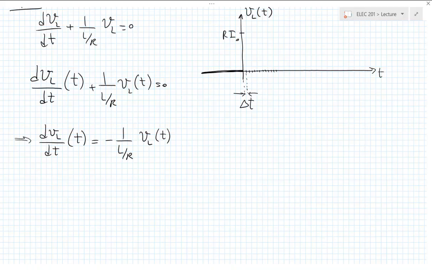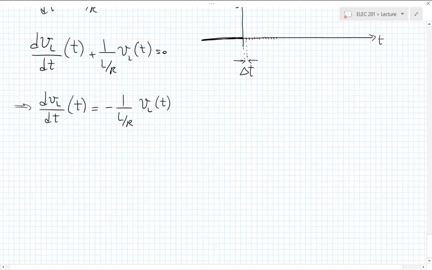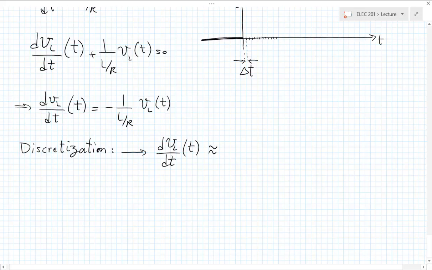And if I want to solve this numerically, all I have to do is to discretize this derivative. So I will approximate the derivative by a simple difference. So the derivative at time t, I will say, is approximately equal to, what is the definition of derivative?